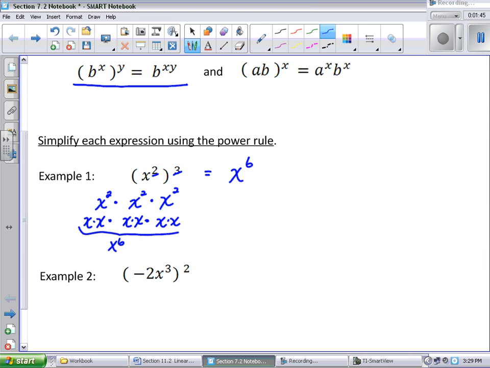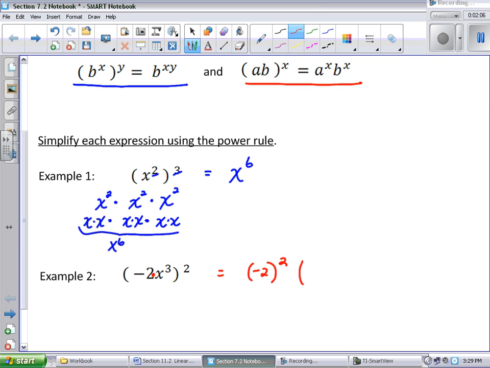In example 2, we're going to use the second part of our product rule. This says I have -2 times x cubed. And my power rule says then I take the first thing, -2, and I square it.